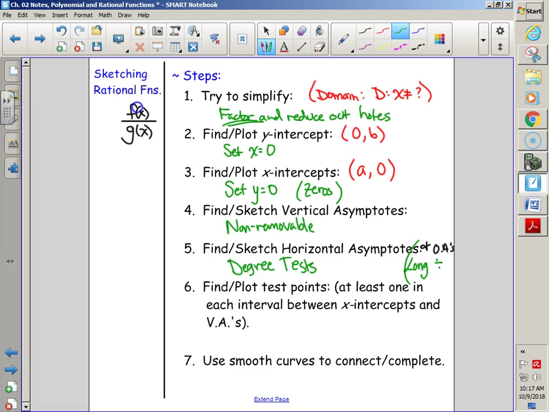But remember, oblique asymptotes happen when the top wins, but only by 1 degree.